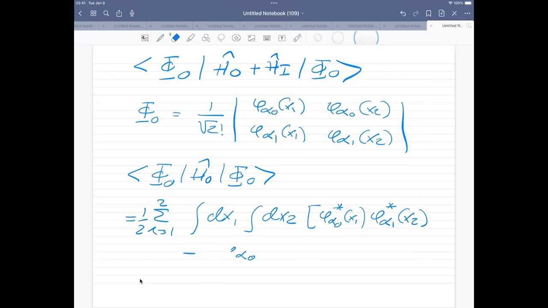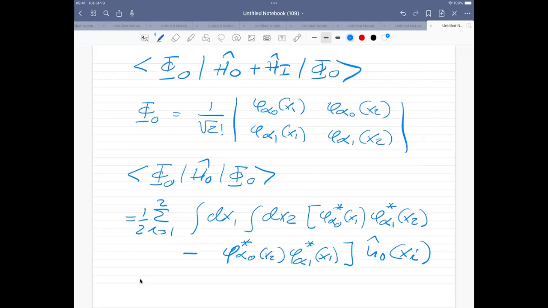This is continuing here, minus phi alpha 0 of x2, complex conjugate, phi alpha 1 of x1. And now this is multiplied with the operator h0 of xi. So we have a sum here over i.